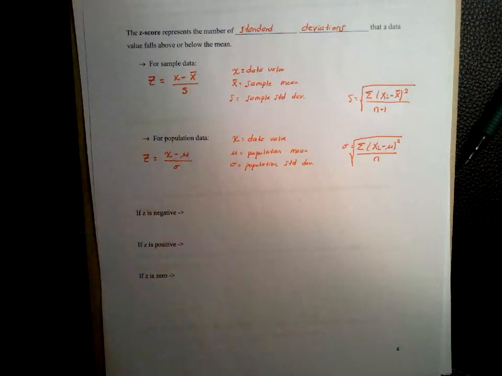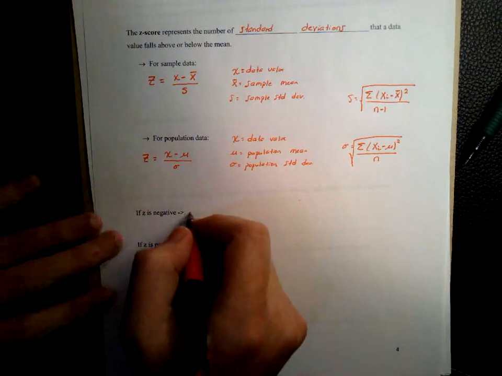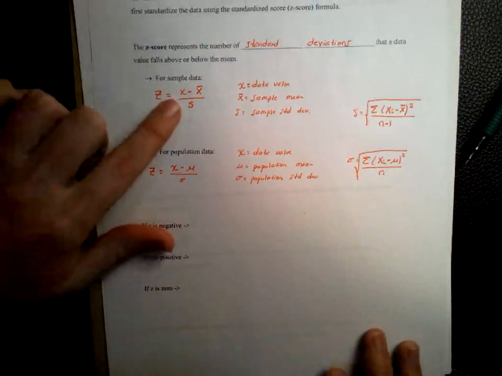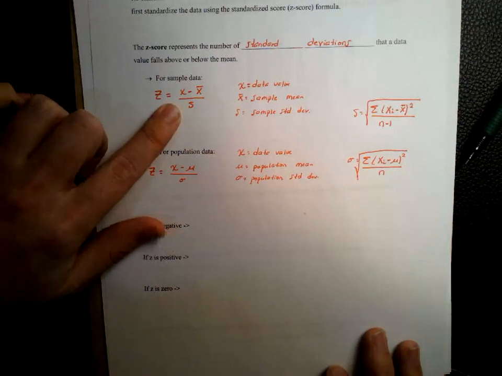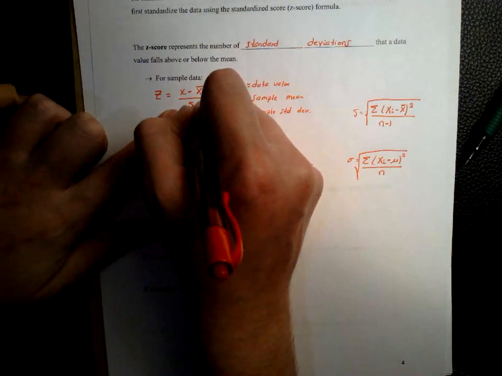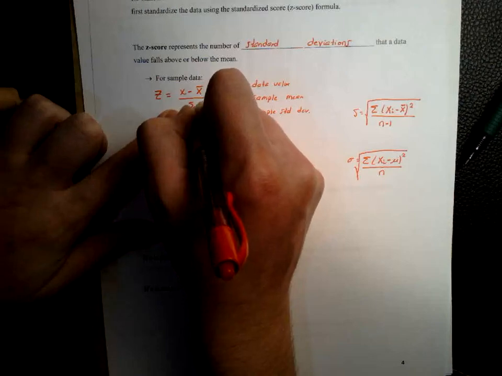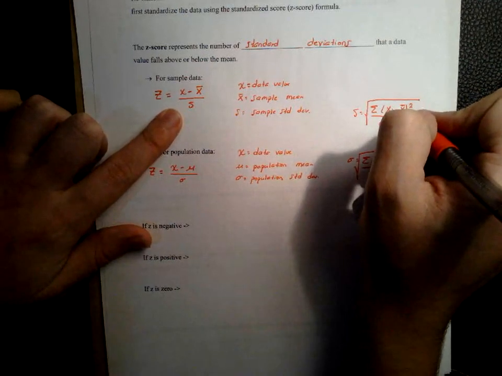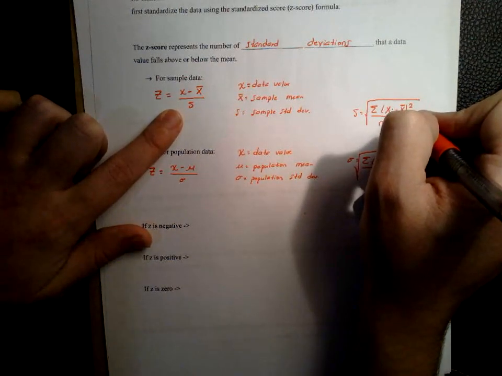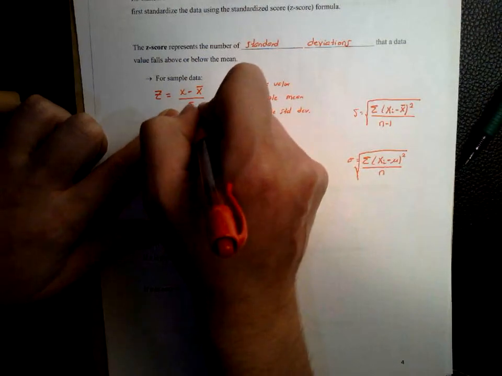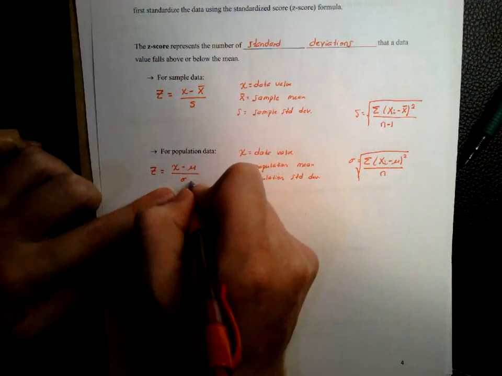Now let's look at something that's kind of insightful. So if z is negative, that means in this formula up here that we get a negative value. Recall that s is obviously the square root of the variance, and the variance is positive, so therefore s is positive and sigma is positive.